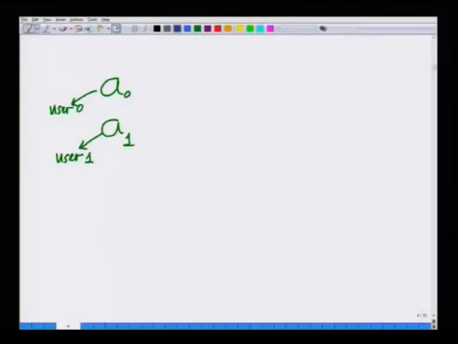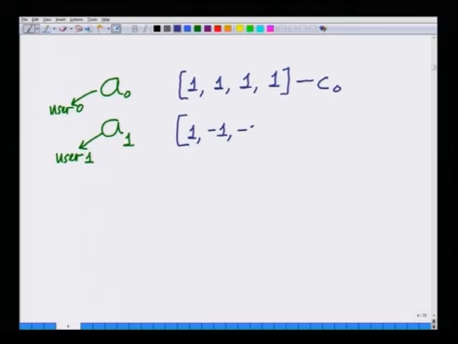Let me write one such code. Let us say for user 0, I use the code which comprises 1, 1, 1, 1. This is a code of length 4 symbols and each of them is 1. Let me call this code 0, and for user 1 I will use a different code which is 1, minus 1, minus 1, 1.